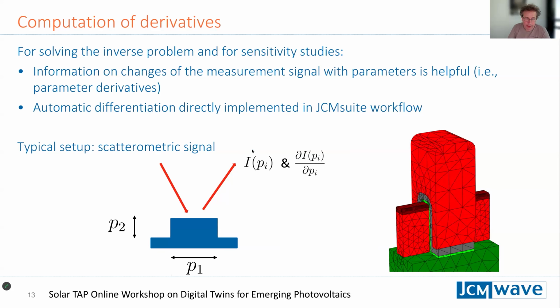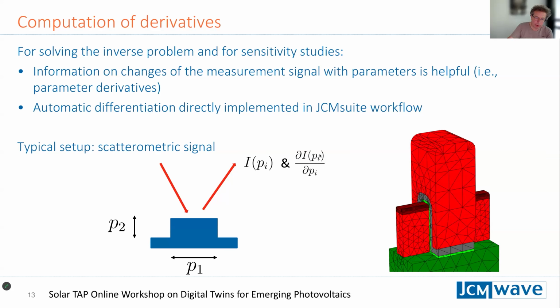So we compute the intensity as a function of these parameters, and also the full light field as a function of these parameters. Now, by constructing a mesh which knows how it will change when these parameters are varied, we can also compute the derivatives of these intensities, or of the full light fields, or of other derived quantities.